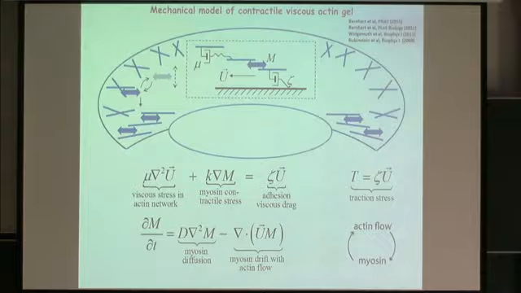It's too long of a subject. Basically, for now, we have just viscous stress in the actin network. So here, vector U is the local rate of actin flow. This is how fast a material point of the actin network flows relative to the surface. And it's time independent? It's both time and coordinate dependent.